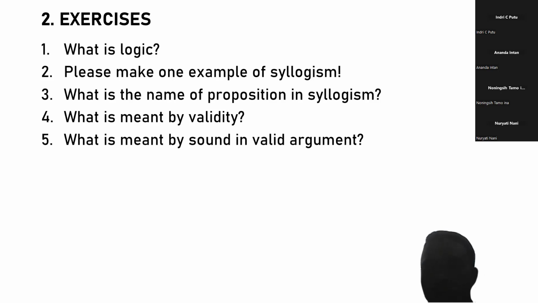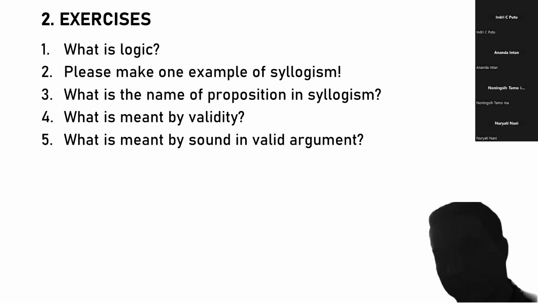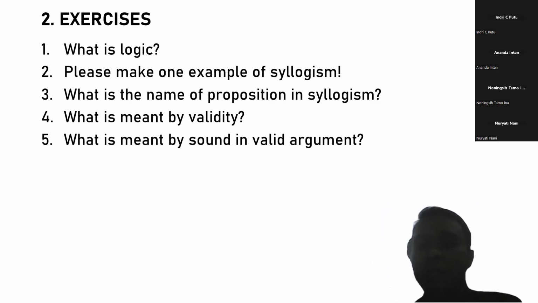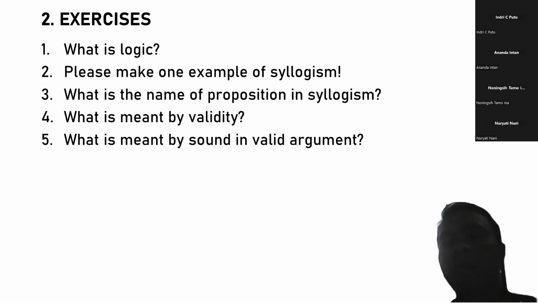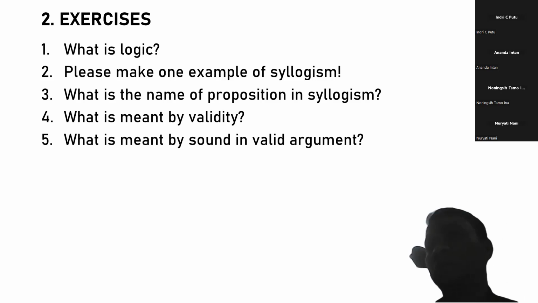I think the questions are quite easy if you have read the important aspects of this topic, logic as a representation of meaning. Do you have any question before I end the lecture today? Is it clear enough, or are you still confused in understanding this topic?